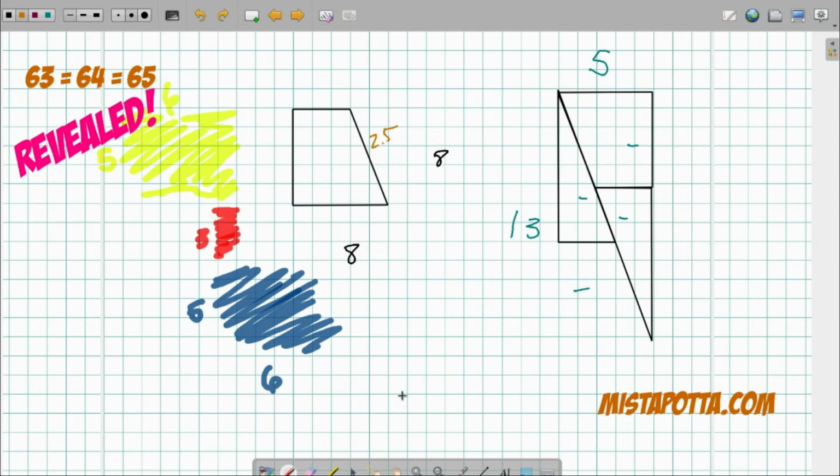And if I take a look at one of these other lines over here, notice that this is really going over 3 and up 1, 2, 3, 4, 5, 6, 7, 8. So 8 divided by 3 is 2.6 repeating.